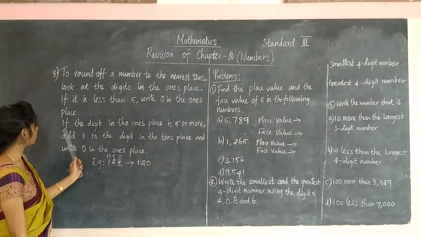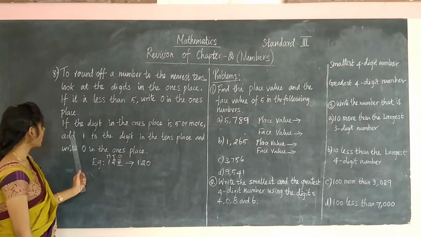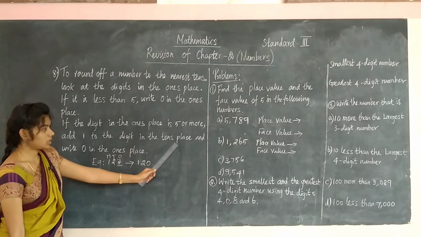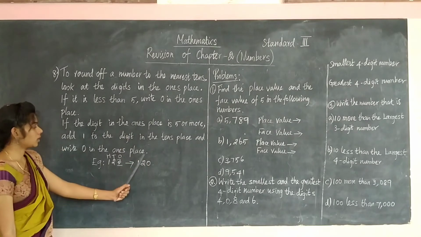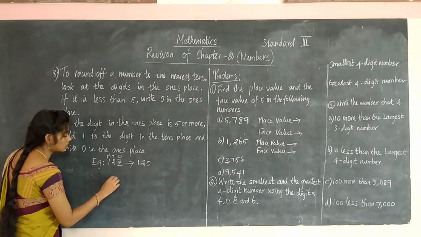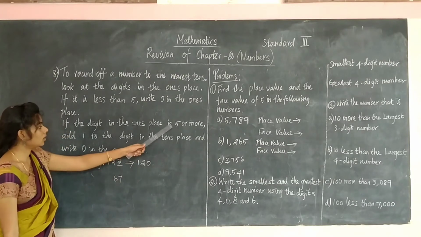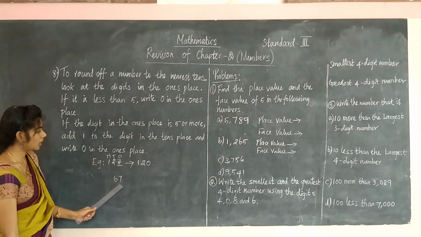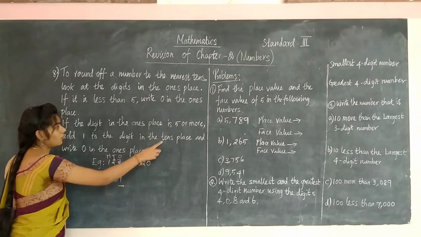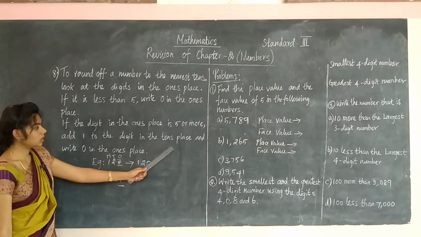The next one: if the digit in the ones place is 5 or more, add 1 to the digit in the tens place and write 0 in the ones place. We shall see one example for this. The number is 67. What is given? We have to check the ones place. If the number here is 5 or more, we have to add 1 to the digit in the tens place.